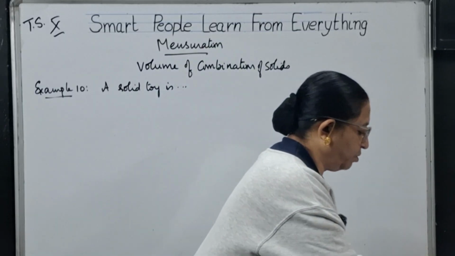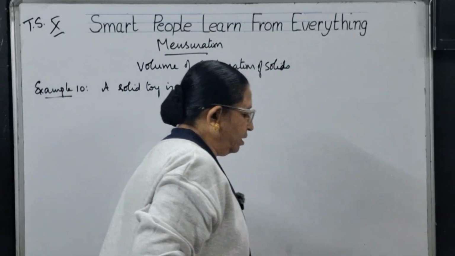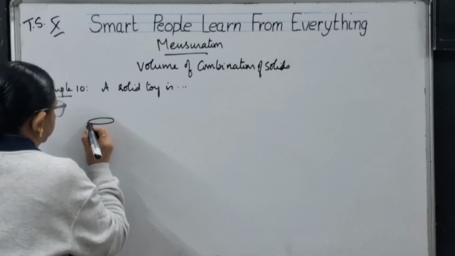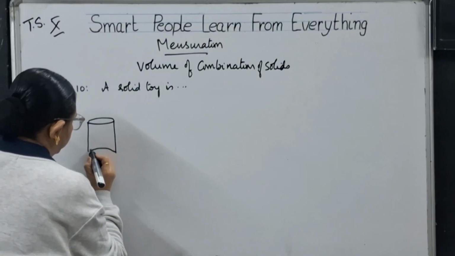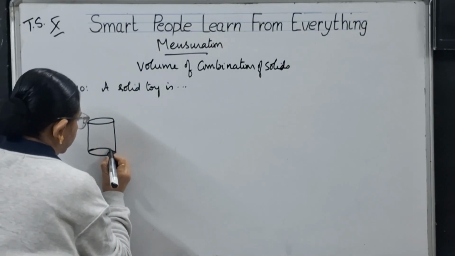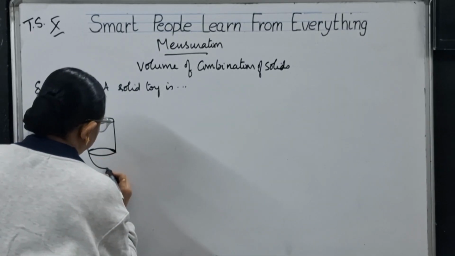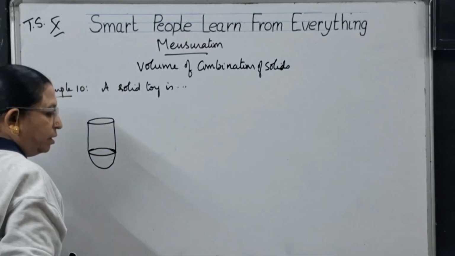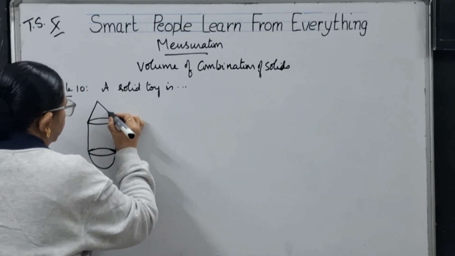So how is this toy? A toy is a right circular cylinder with hemispherical base and cone at another end. This is the cone part.